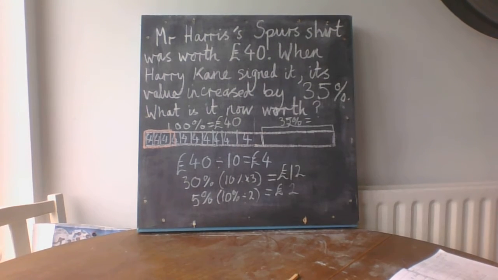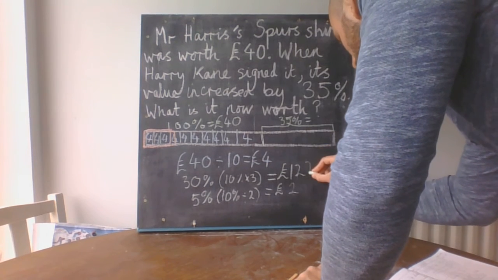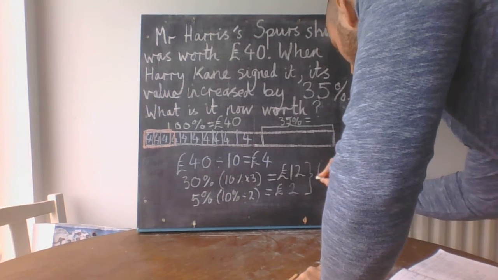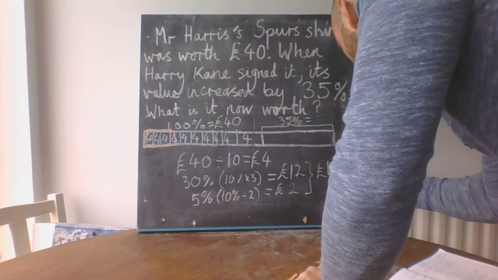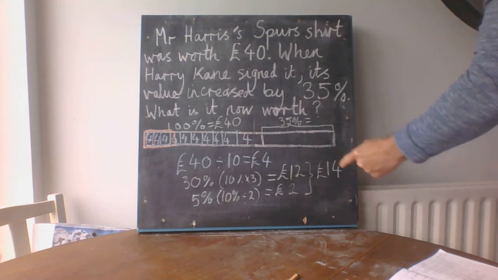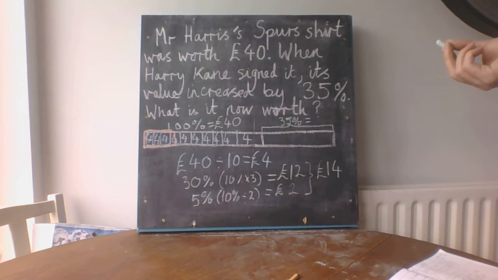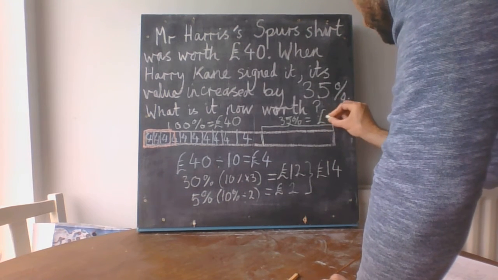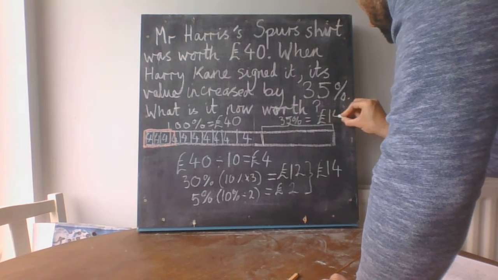So now we know that 35% is worth £14. And here, that answers that problem there. The extra 35% is £14.